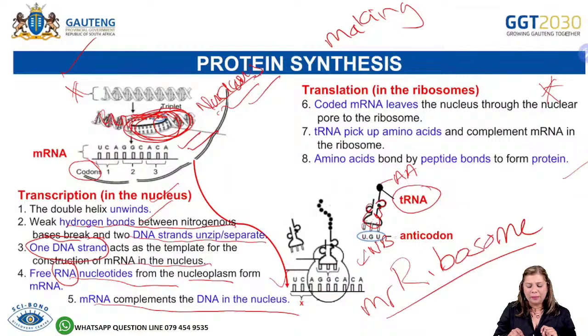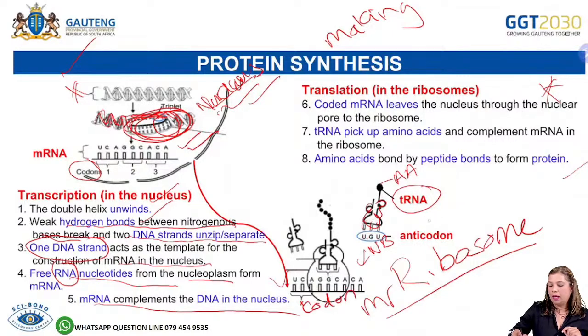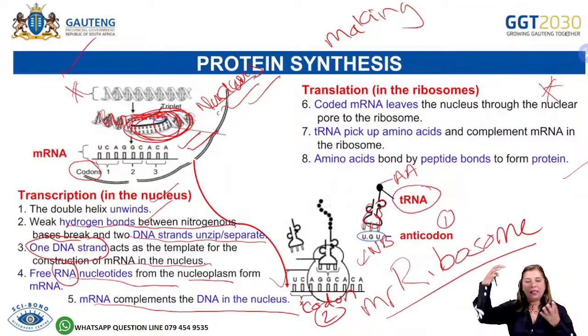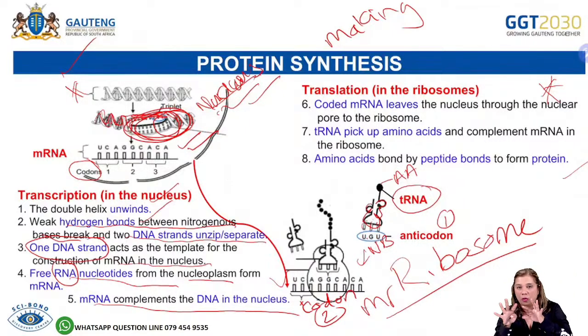Now this is known as the anticodon. So this one here is known as the codon, and that is the anticodon. So the transfer RNA goes and looks for the appropriate and specific RNA nucleotide bases to pair with the messenger RNA.